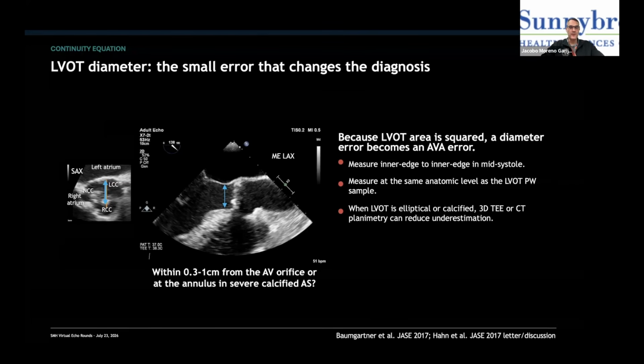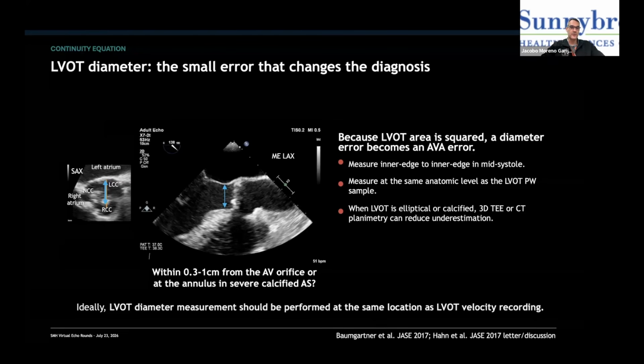Again, one of the most important discussions, a lot of people mention, okay, from 0.3 to 1 centimeter below the aortic valve orifice, or at the annulus in severely calcified AS. So which one is the measurement? Where do I need to take it? There was a correspondence between Bob Manter and Rebecca Hahn regarding this.